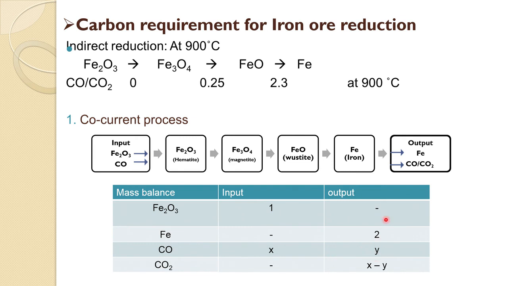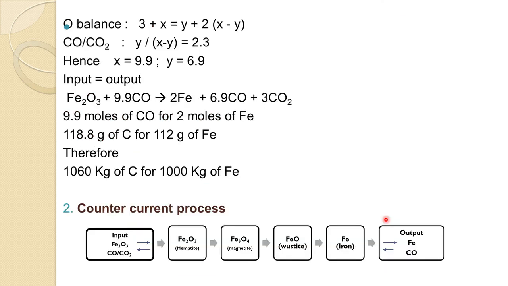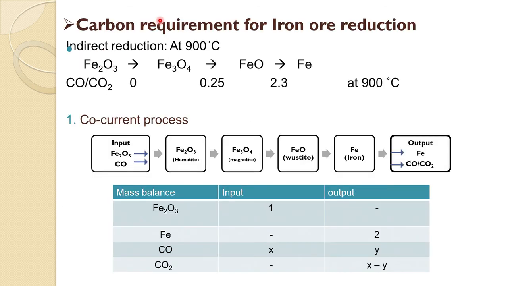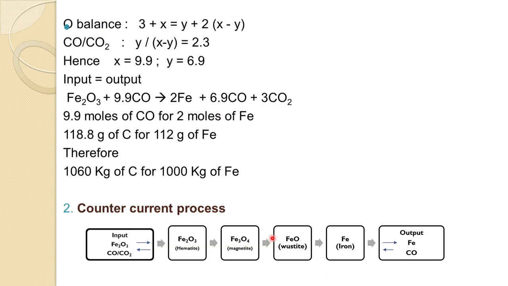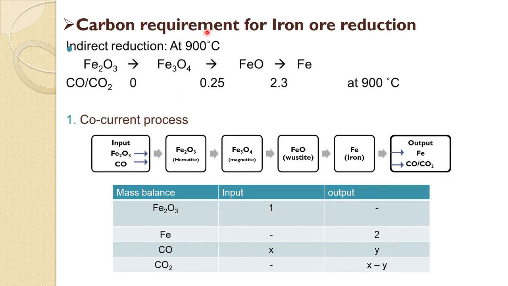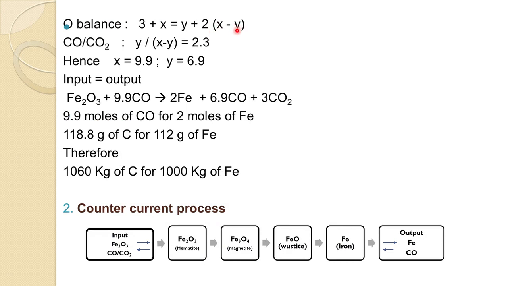Now, based on this you can do the oxygen balance and CO-CO2 ratio balance. So, oxygen balance: 3 in the hematite and 1 in the CO. So, 3 plus x equal to y output plus 2 times (x minus y). So, 2 terms, so that 2 times (x minus y).